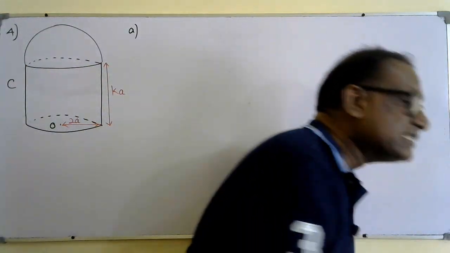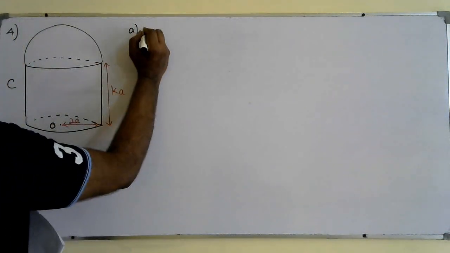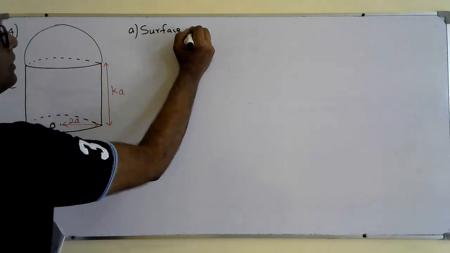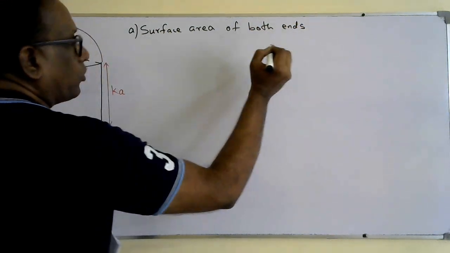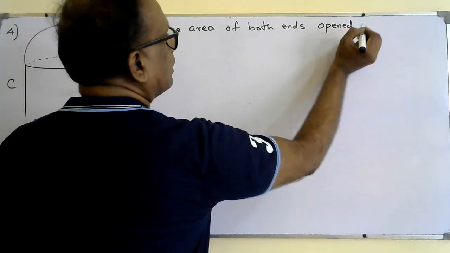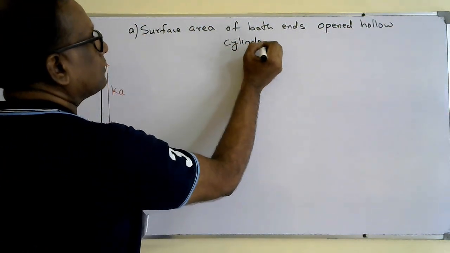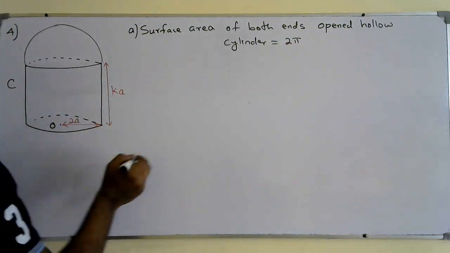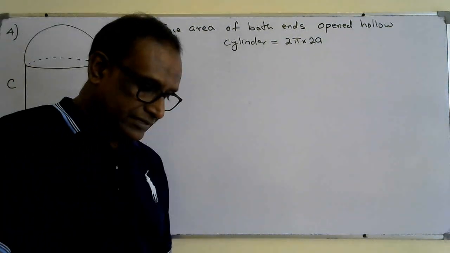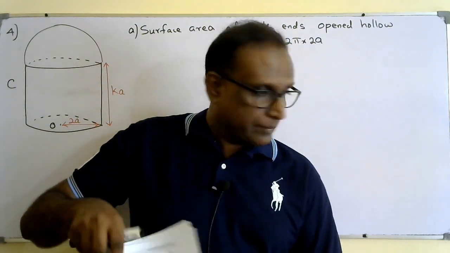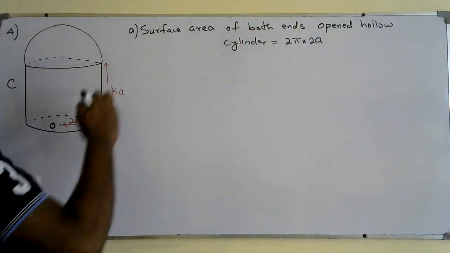So the surface area of the both-ends-open hollow cylinder equals 2 pi into 2a into Ka.